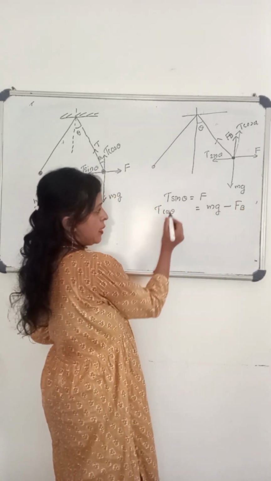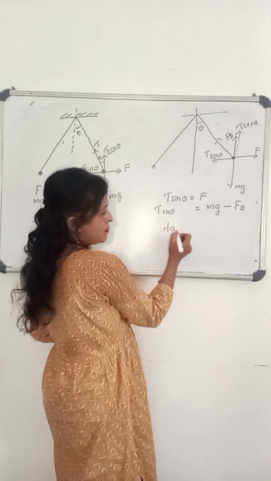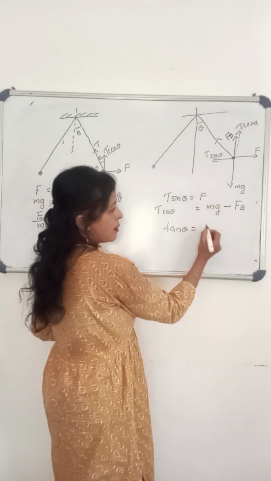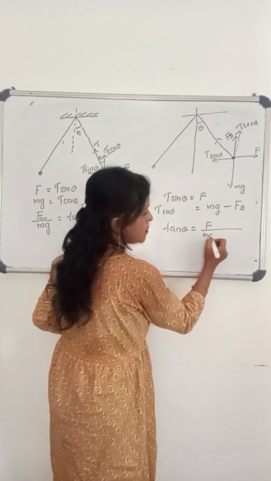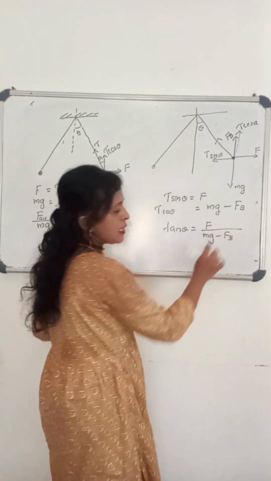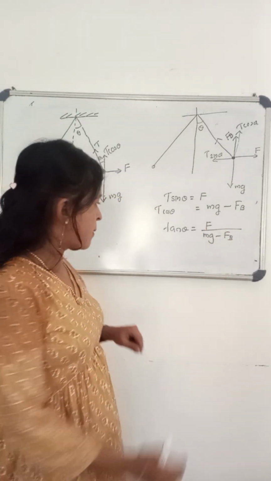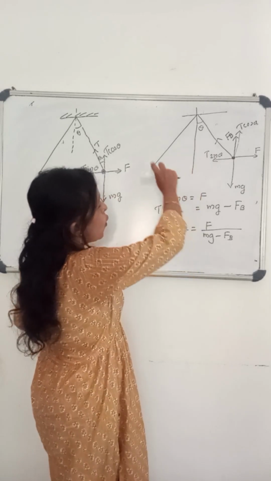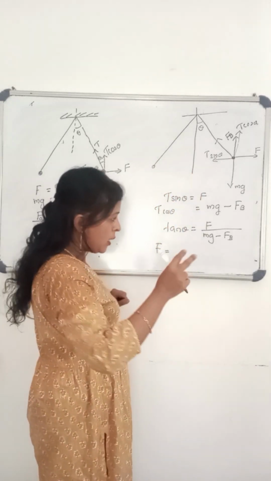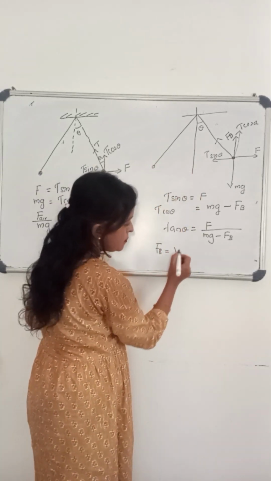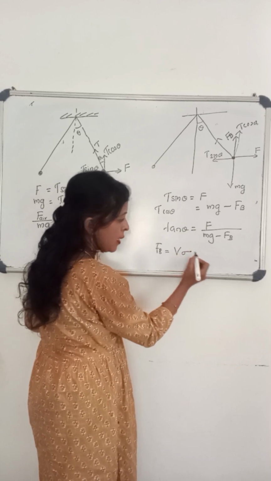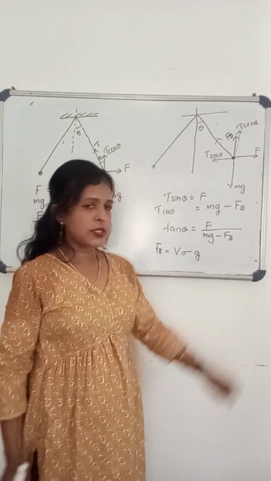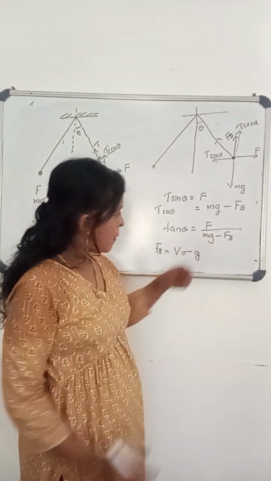Divide, then tan theta equals F divided by mg minus FB. What is FB? It is the buoyant force. We know that the buoyant force is equal to the volume of the sphere and density of the liquid into g.